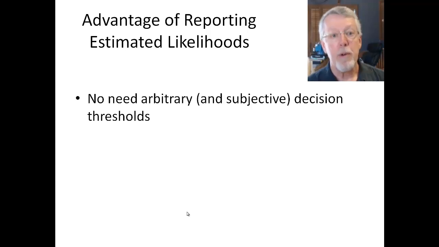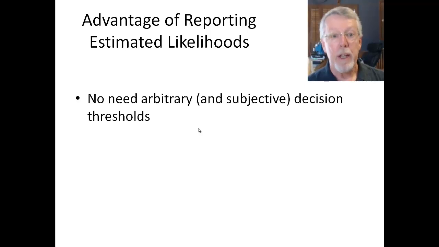The advantage of reporting estimated likelihoods over reporting identifications or source probabilities is that there's no need for any arbitrary and subjective decision threshold. Experts don't have to ask, how low do my estimates have to be before I will say it's an identification or that it's very likely to be the same source.